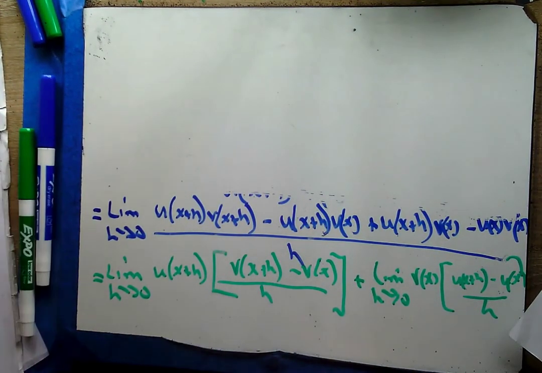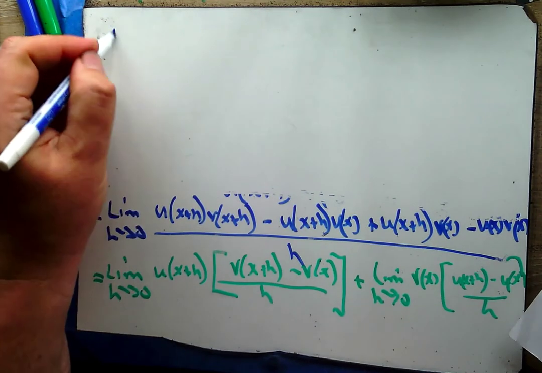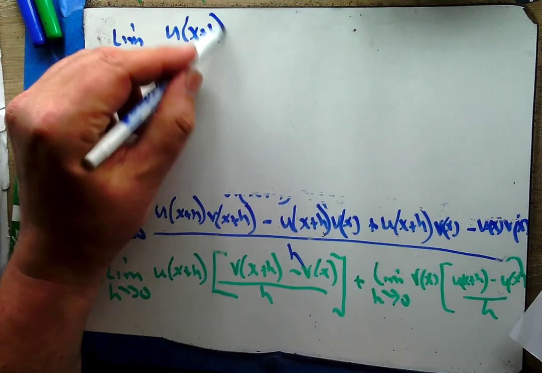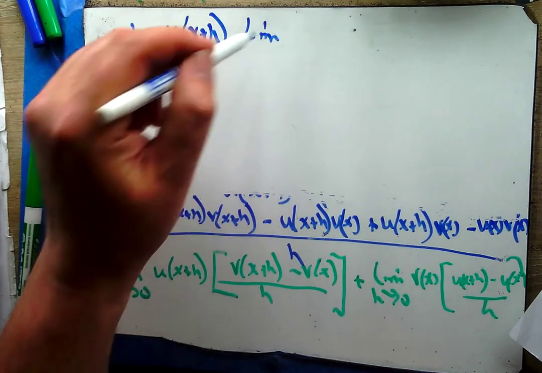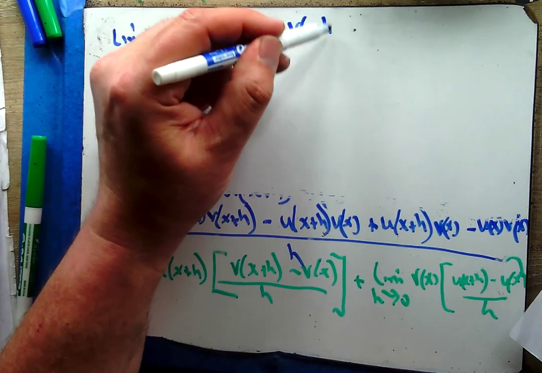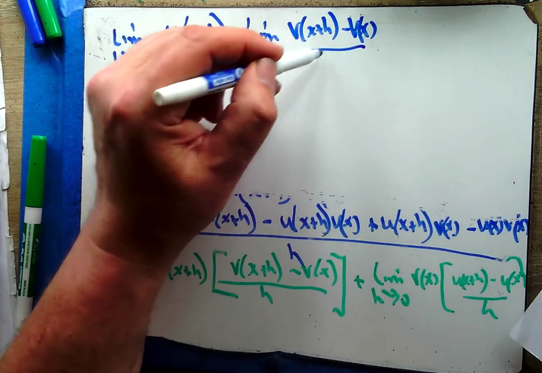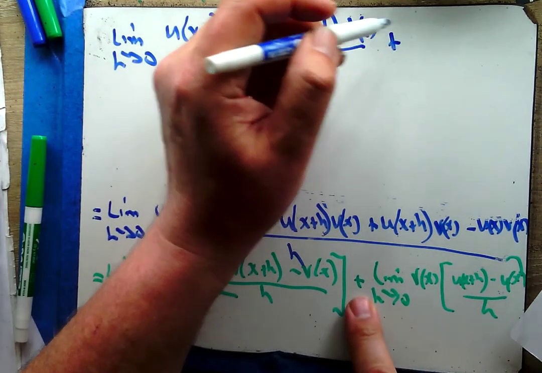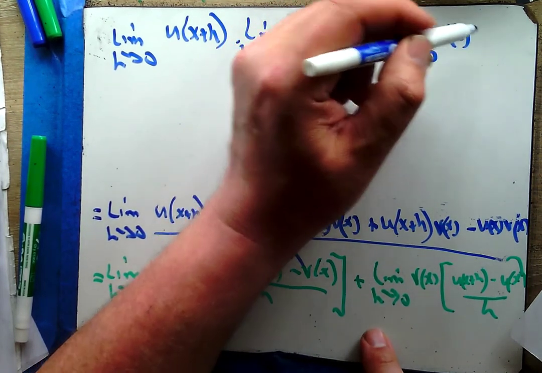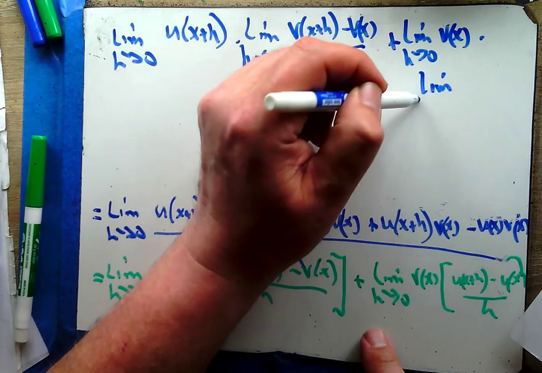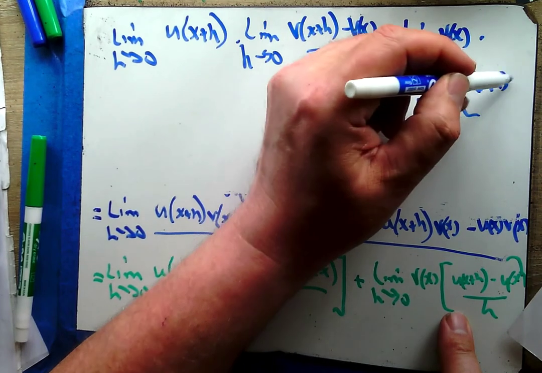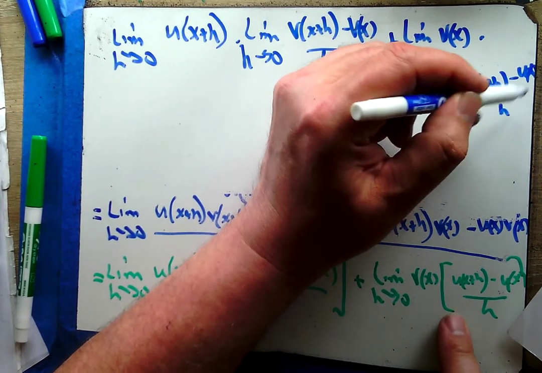So here I'm looking at the limit as h heads to 0 of u of x plus h times the limit as h heads to 0 of v of x plus h minus v of x all over h, plus the limit as h heads to 0 of v of x times the limit as h heads to 0 of u of x plus h minus u of x all over h.